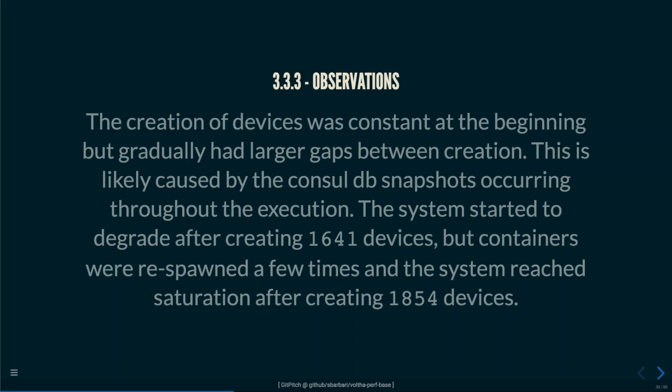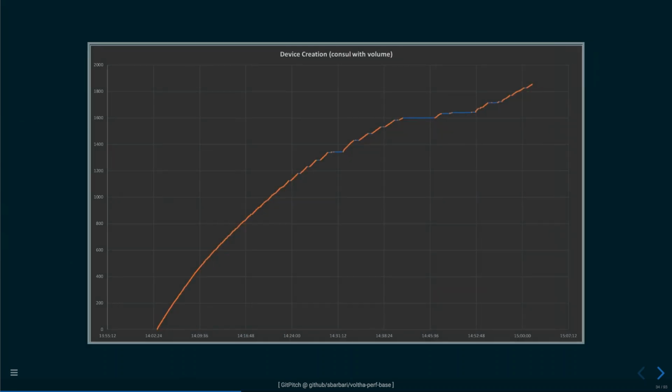The total number of devices created was 1854, but we started to see more degradation at an earlier stage, at 1641 in this case. On the diagram, you can see there are more gaps throughout the creation process as DB snapshots are being created.